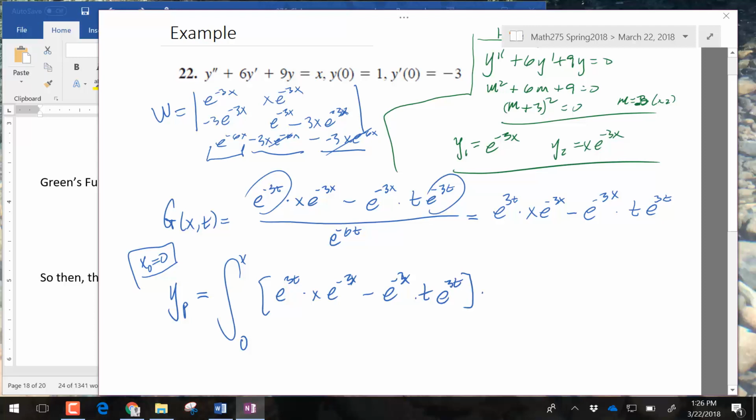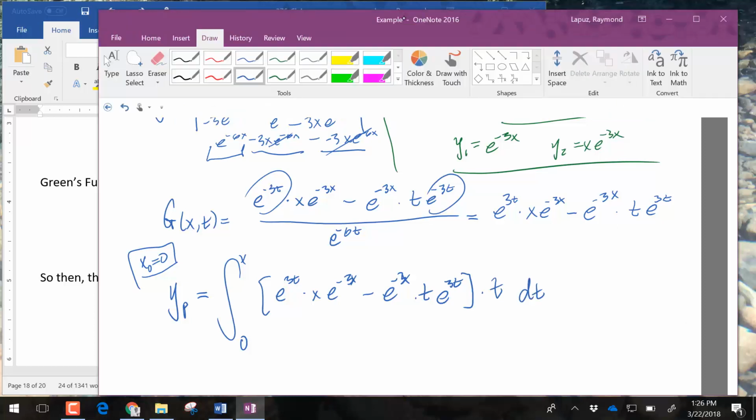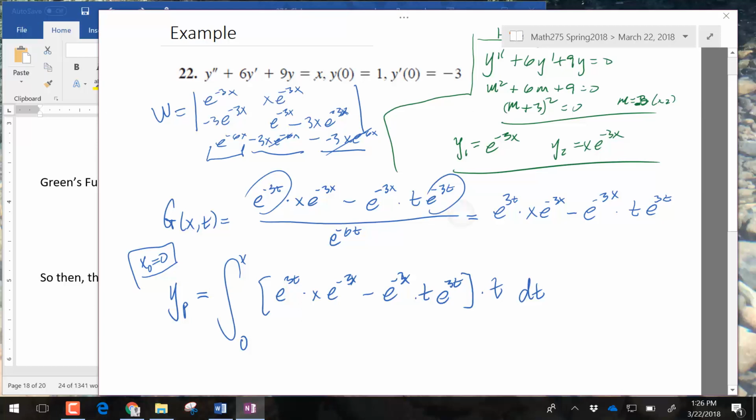And then don't forget your f function as well, written as a function of t. So let's identify the parts. This is your g of x, t. This is your f of t, and this is your x naught. I think those are the pieces.